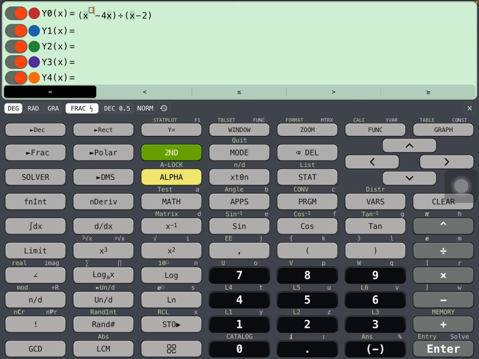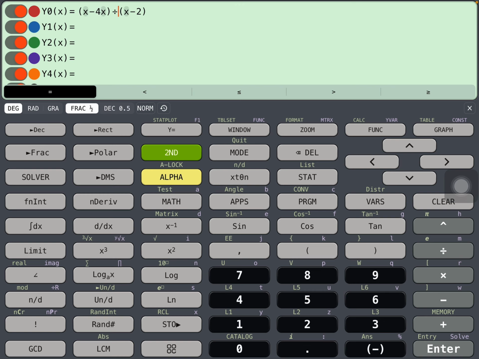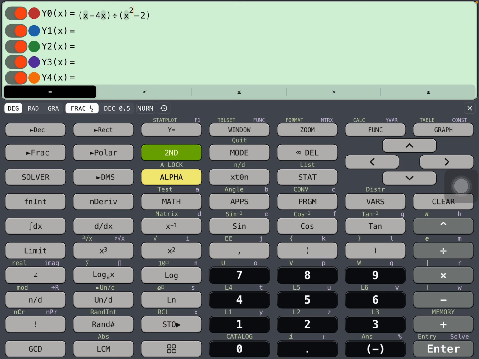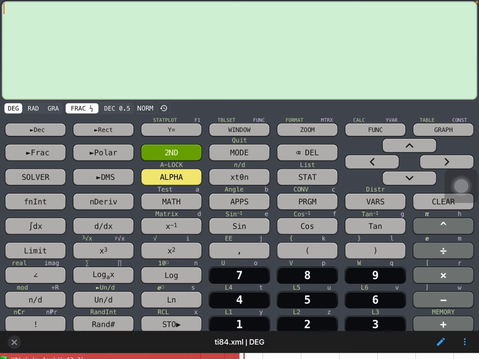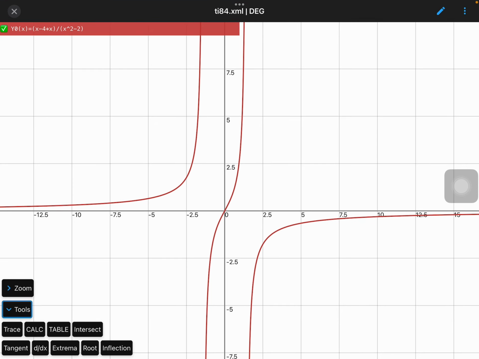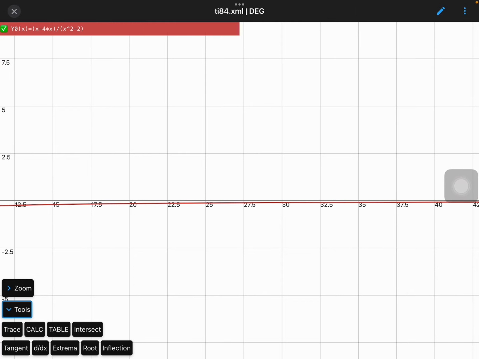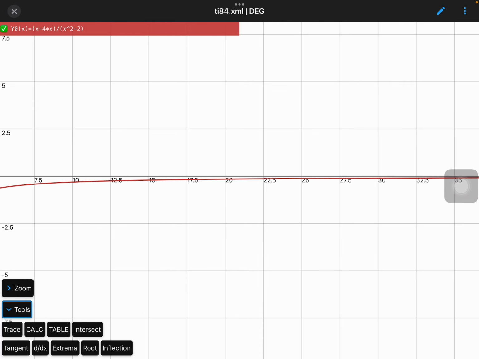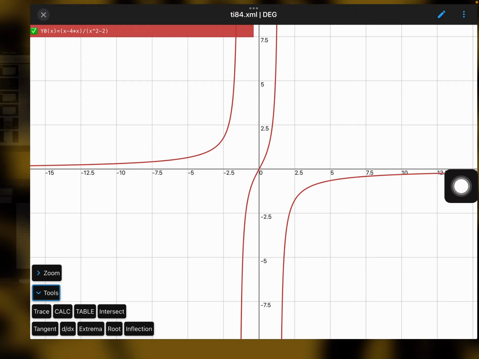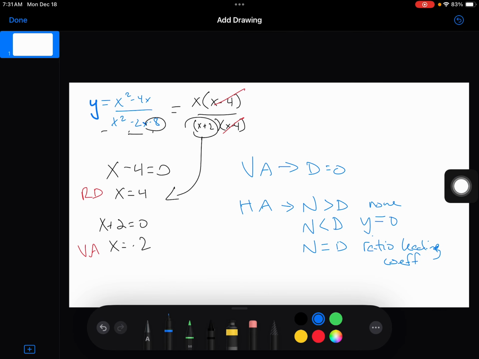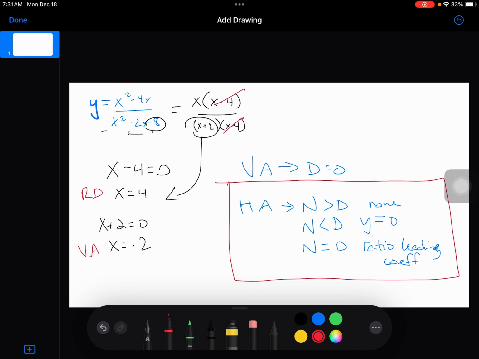So here, let's take out that squared and type in x squared here. And see what we got. Right? And then we can see the horizontal asymptote as we scroll over is definitely y equals 0. So going back to the rules on horizontal asymptotes, we just confirmed with the calculator that if the degree of the numerator is greater than the degree of the denominator, we had a slant asymptote there in that quick example.